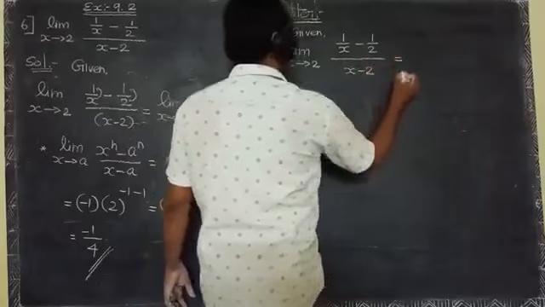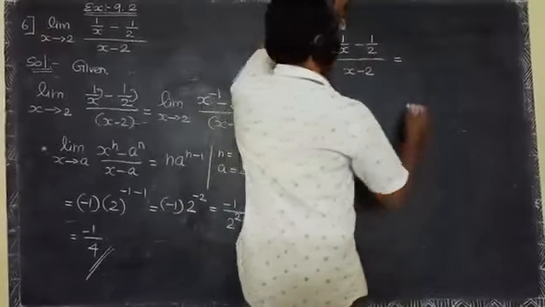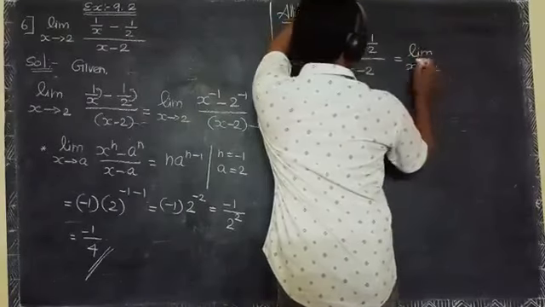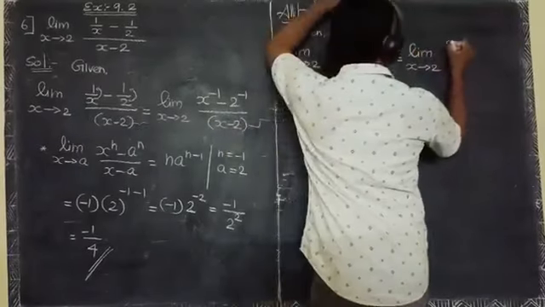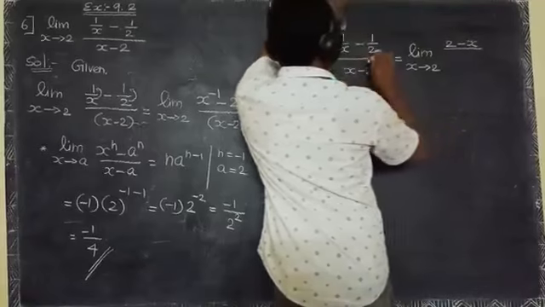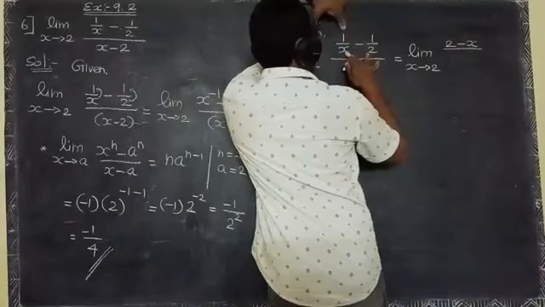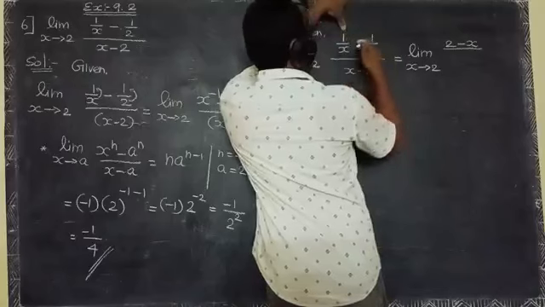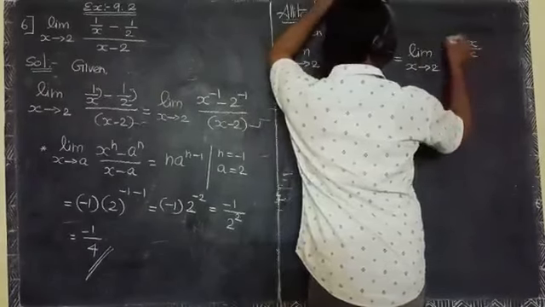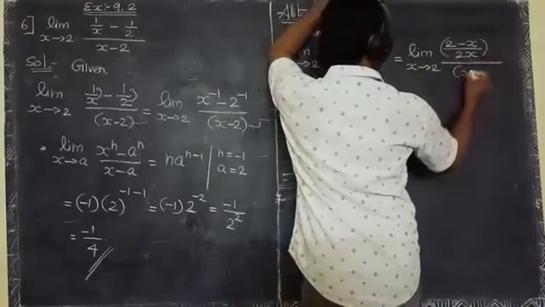Here, using cross multiplication in the numerator, that is 2 minus x divided by 2x. This is the numerator, divided by the denominator x minus 2.